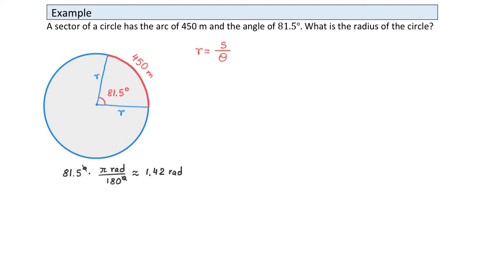Now, in the formula above, we will replace s with 450 and theta with 1.42. Then r equals 450 divided by 1.42, which is approximately 317 meters. And this represents the radius of this circle.